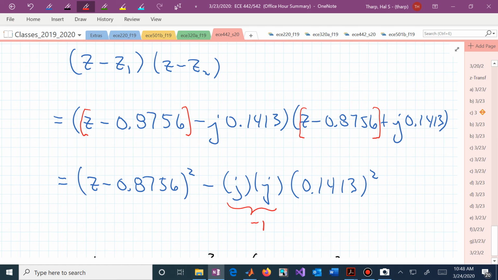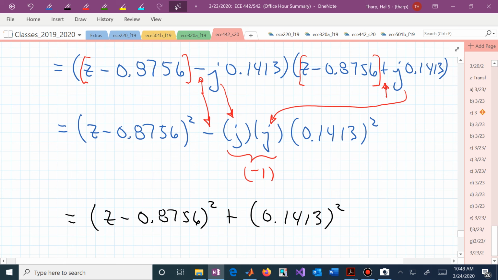The cross terms cancel because we have a minus sign here and a plus sign there. This minus sign comes down there. Here's one j and here's another j. And we end up with the original squared factor plus the imaginary component of that set of complex conjugate poles squared.